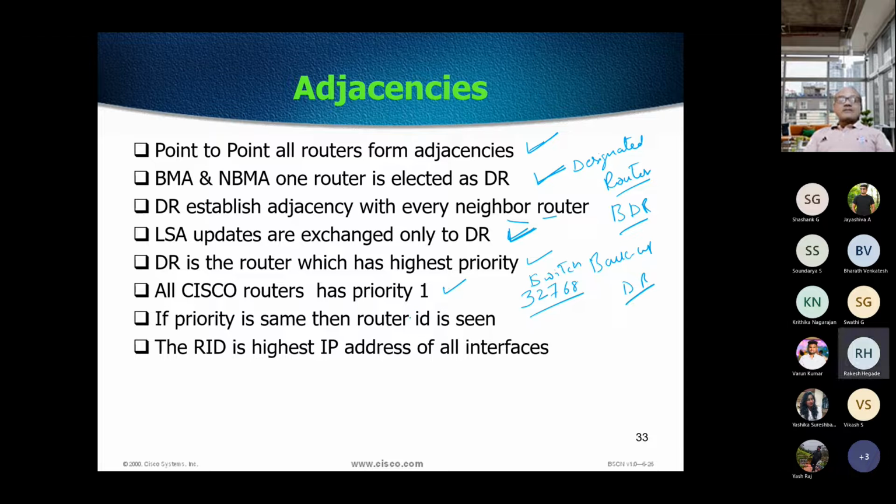If the priority is the same, then the router ID is seen. The router ID is the highest IP address of all the interfaces. Whoever has the highest IP address will become your designated router.